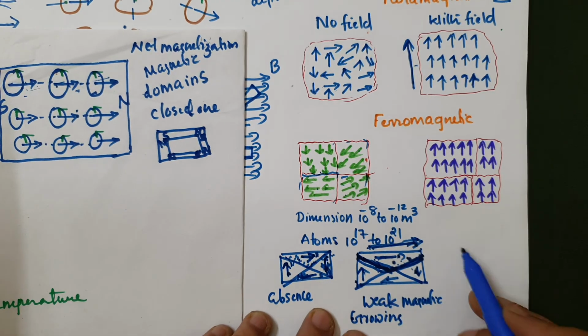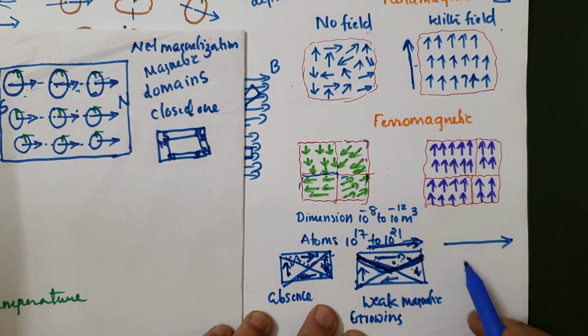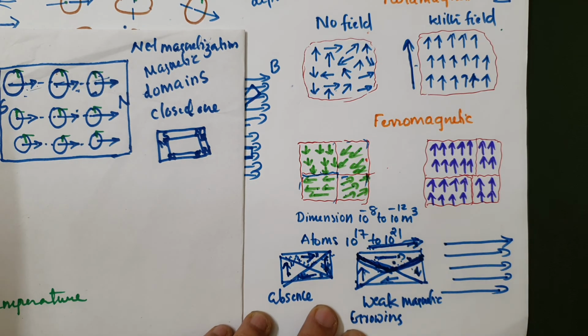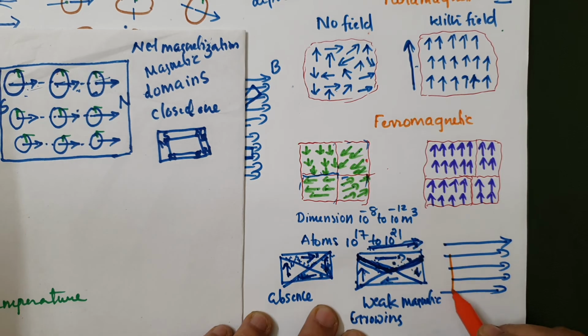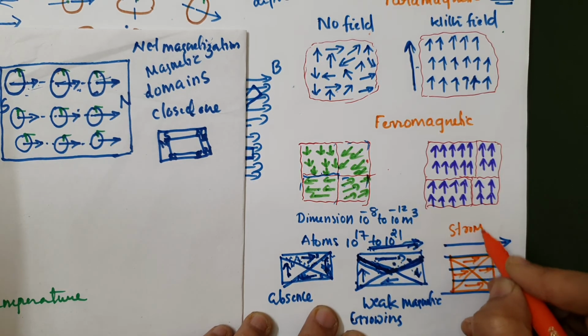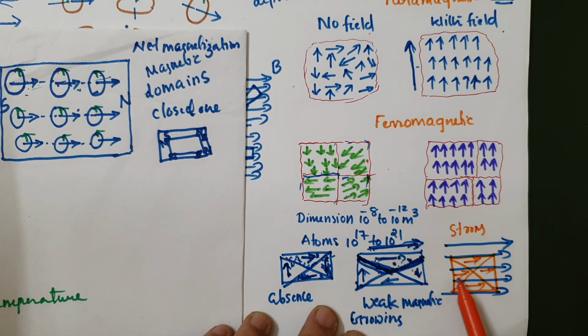And if the applied magnetic field becomes stronger, when we apply a very strong magnetic field, then the domains are arranged in such a way that all the domains will be aligned parallel to this field. That is, if you apply a very strong magnetic field, then all the domains become aligned parallel to the field, all pointing in the direction of the field.